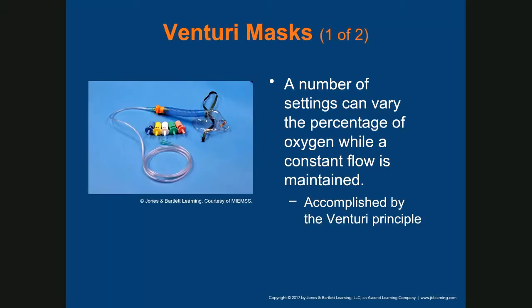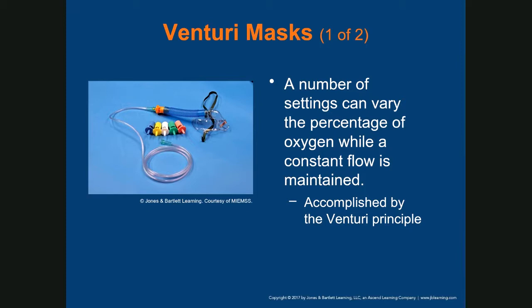Then you have the Venturi mask. Now, in my 19 years of EMS, I have only seen this mask in a classroom. I've never seen it on a unit, right? Now, what the Venturi mask is, in simple terms, is a mask that you can start from low concentration and gradually go up to high concentration, right?